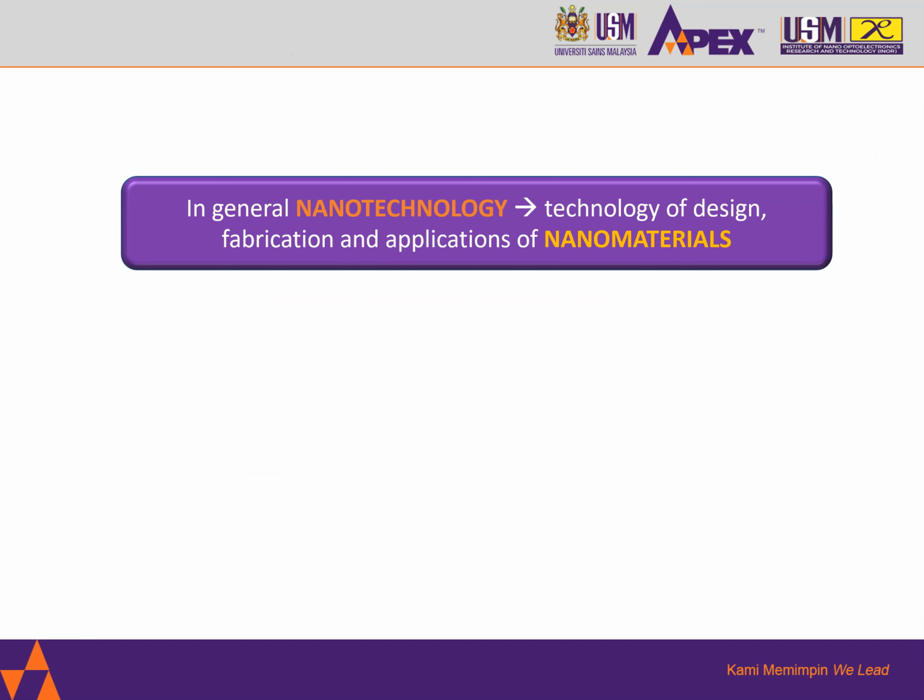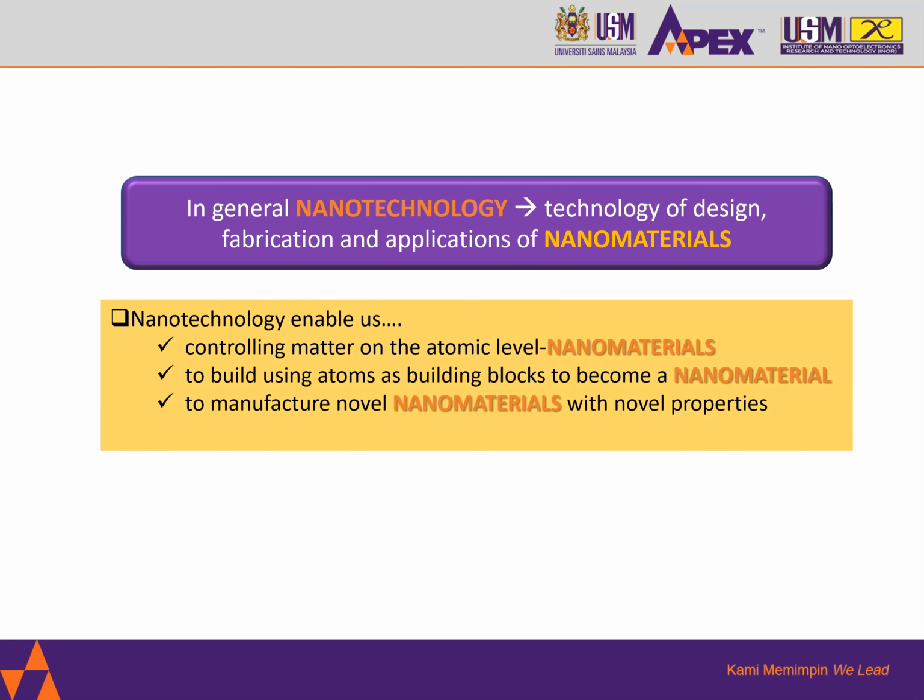So in general, nanotechnology can be understood as a technology of the design, fabrication, and application of nanomaterial. Nanotechnology enables us the following. The first is to control matter on the atomic level, referring to nanomaterials. The second is to build using atoms as building blocks to become a nanomaterial or nanostructure. And the third is to manufacture novel nanomaterials with novel properties.